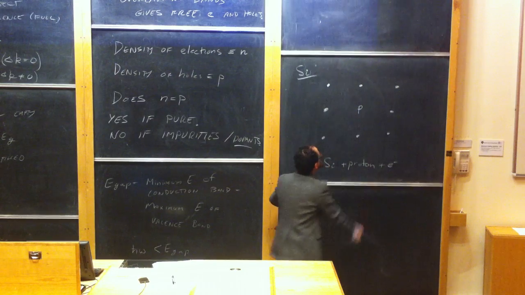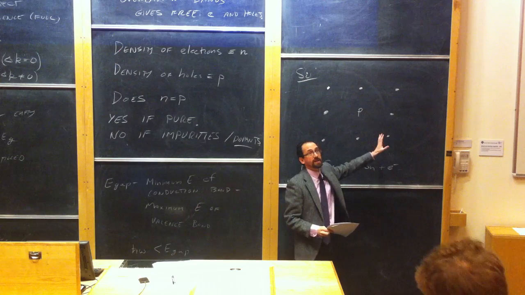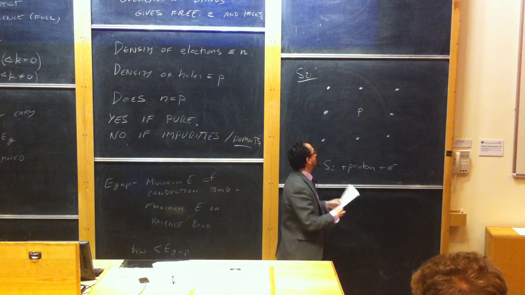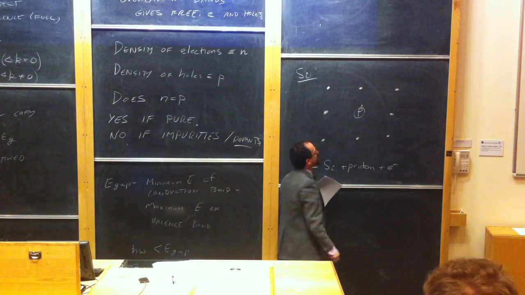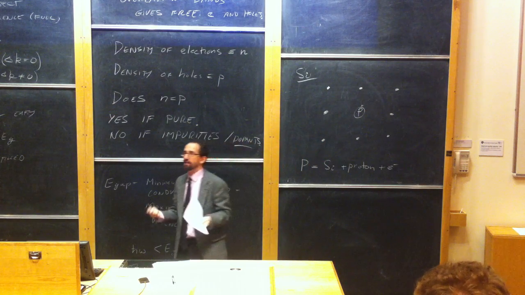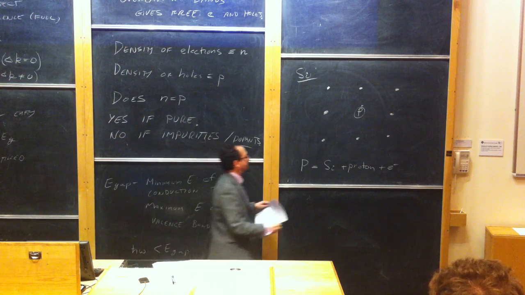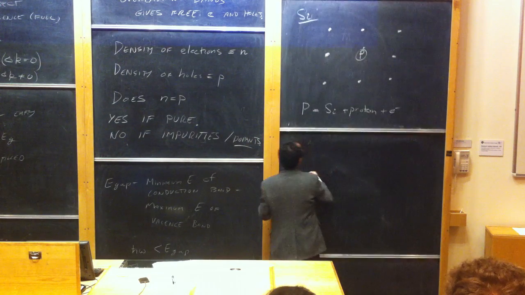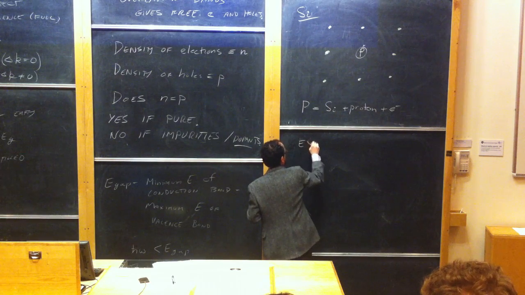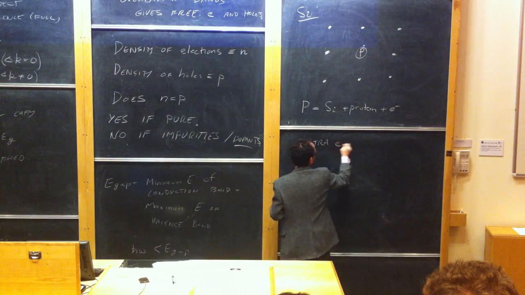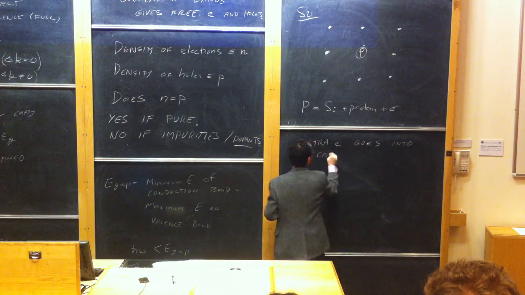So we can think of this as being entirely just a silicon lattice, except there's an extra plus charge sitting there. And then you have one extra electron that you don't know what to do with. So that one extra electron goes up into the conduction band.